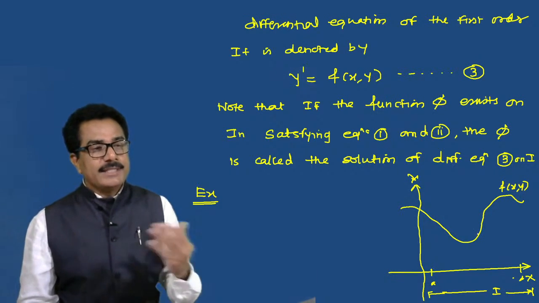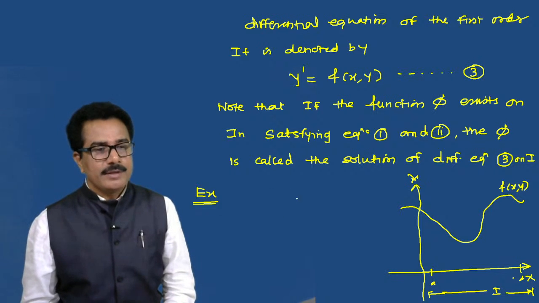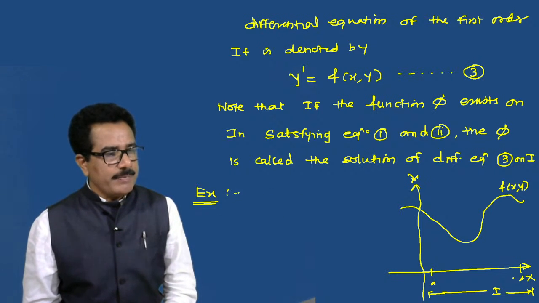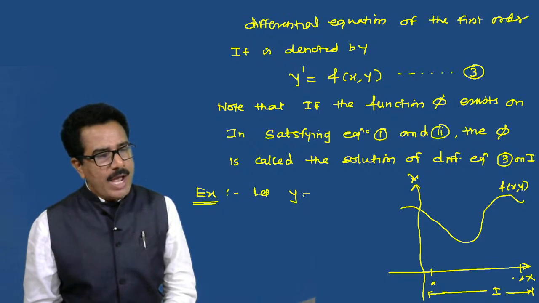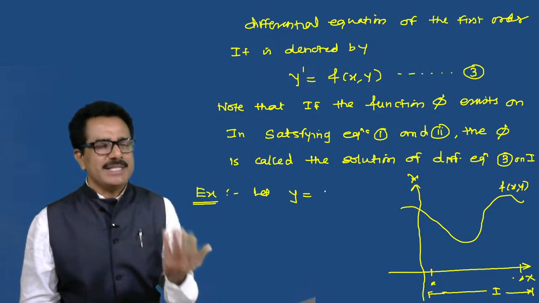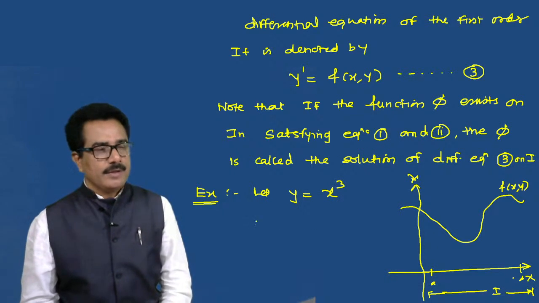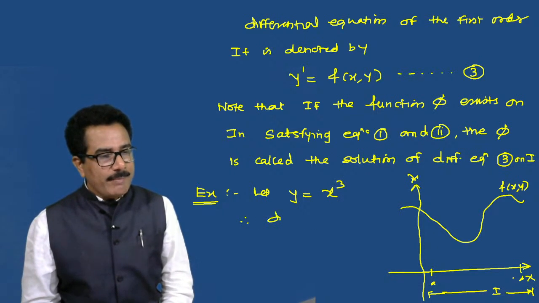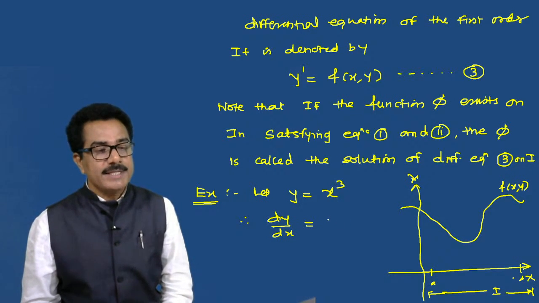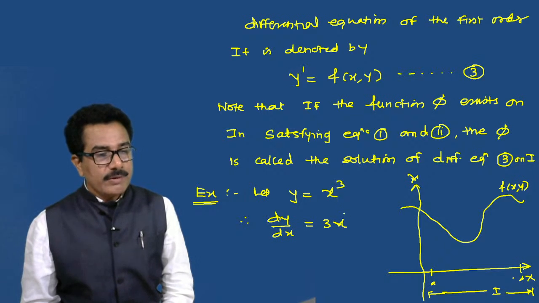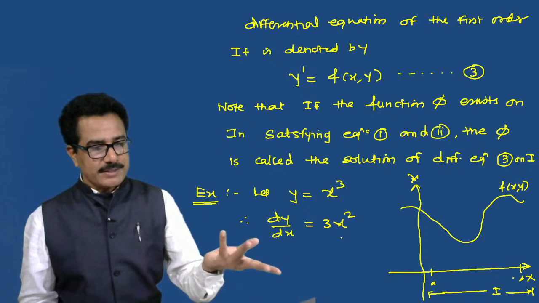Then the derivative here, suppose y equals, whatever that function f of x comma y may be, we consider it as x cube. Therefore dy by dx is 3x square, which is again a function of x.